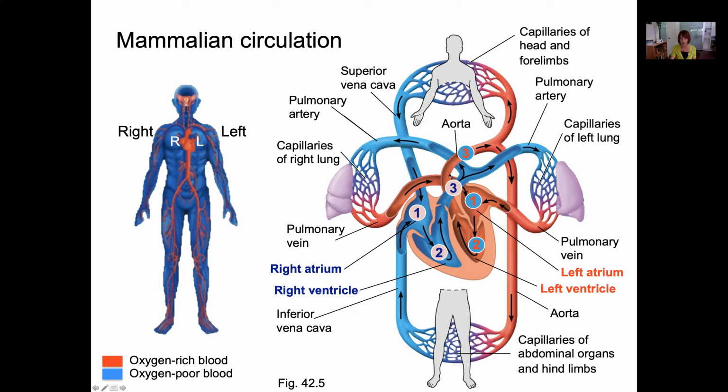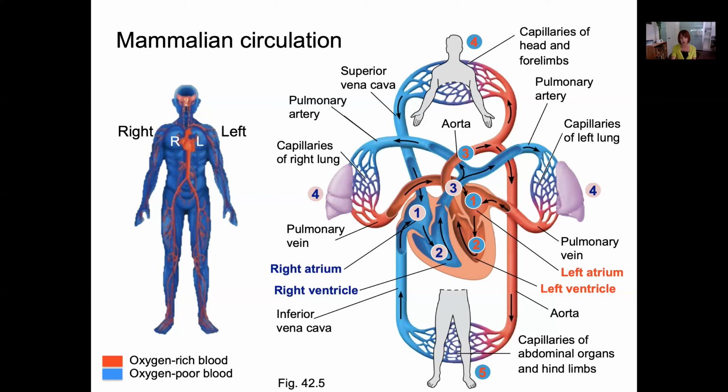And then on the left side, it's going out to the systemic circuit. And the deoxygenated blood is arriving in the lungs and getting oxygen, and that's all very great. Then there's a slight delay between when blood arrives from the left side of the heart in the capillaries in the head and forelimbs, and then shortly thereafter in the capillaries in the bottom half of the body.